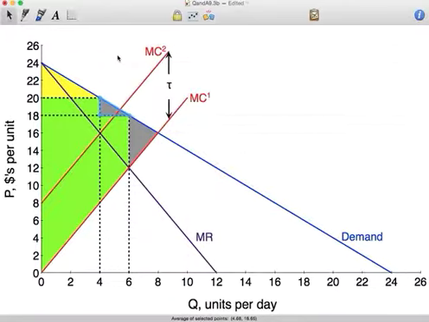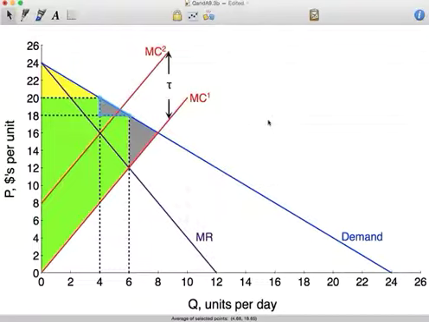So now we've shown what the original consumer surplus was. Again, let me highlight that. That's the original consumer surplus. Here's the new consumer surplus. And we've accounted for the difference between the two. This here is converted to producer surplus, and this no longer exists. Therefore, it is deadweight loss.